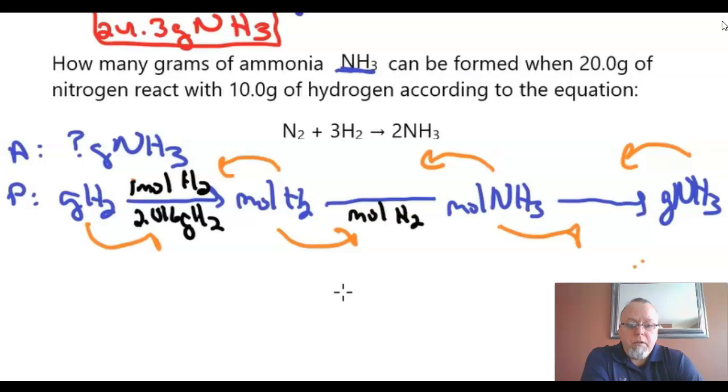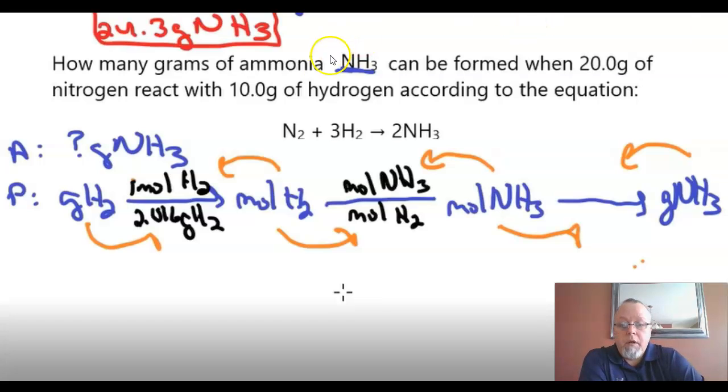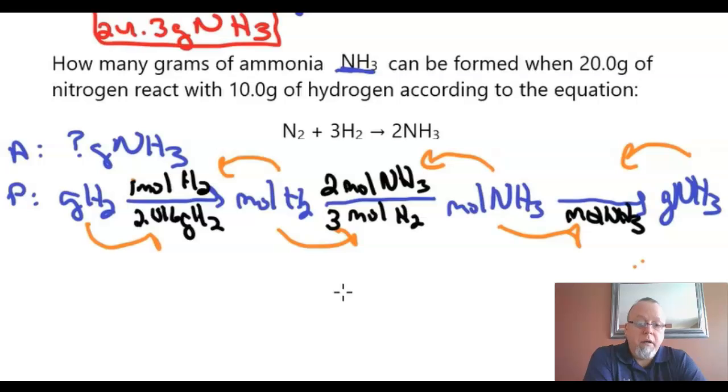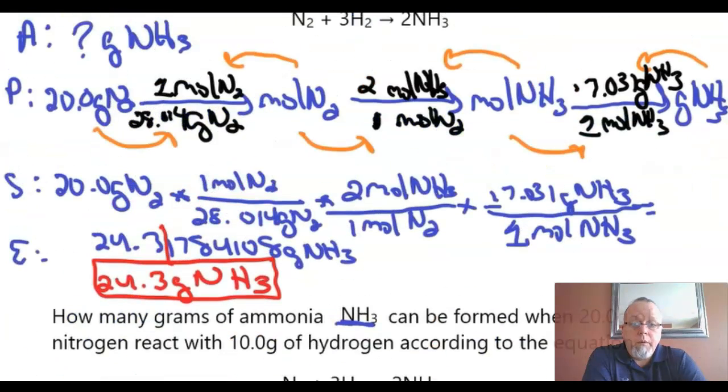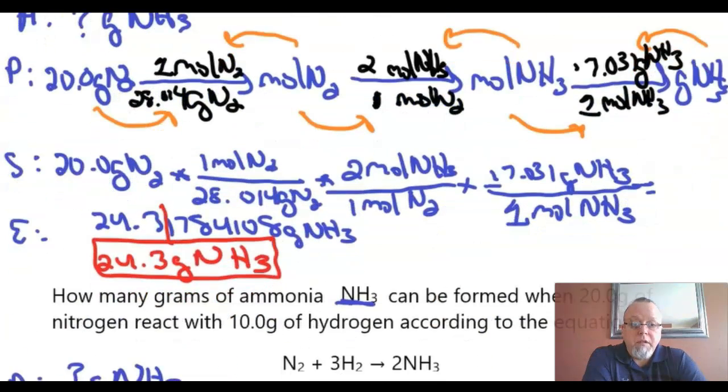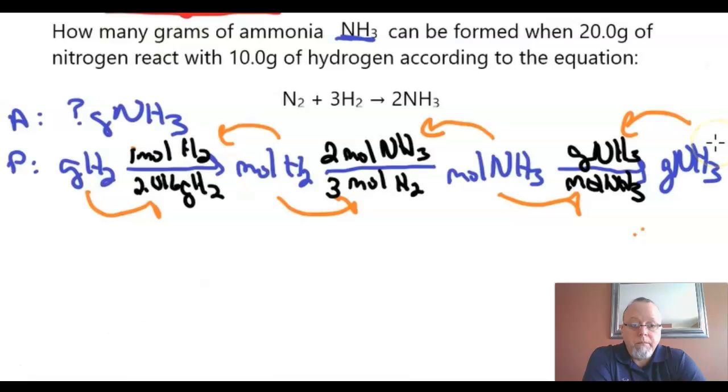Then mole of H2 goes in the denominator, mole of NH3 goes in the numerator, and if we look here, hydrogen has a coefficient of 3, so 3 goes in the denominator, and the coefficient of 2 goes in the numerator for NH3. And then 1 mole of NH3 goes in the denominator. How many grams are in 1 mole of NH3? Sorry, I ran out of room here. We can just scroll up and look. 17.031 grams.